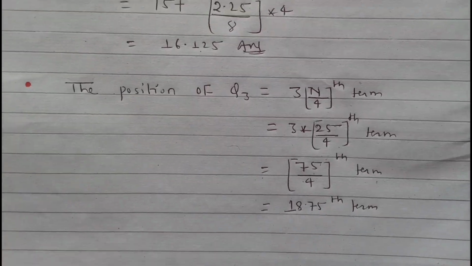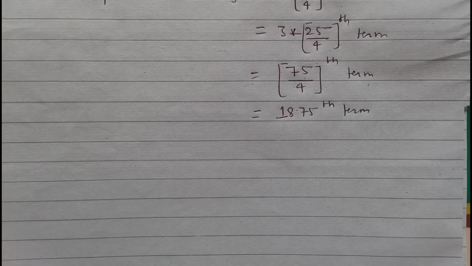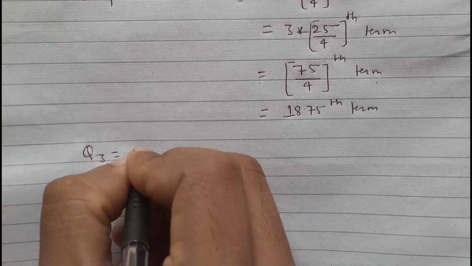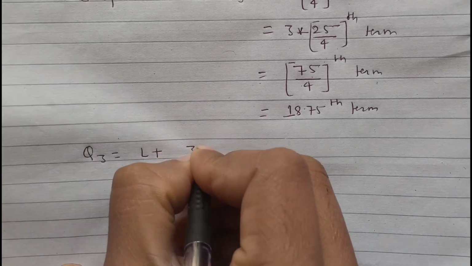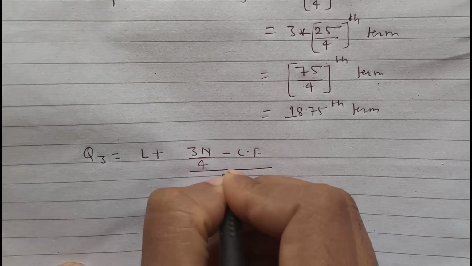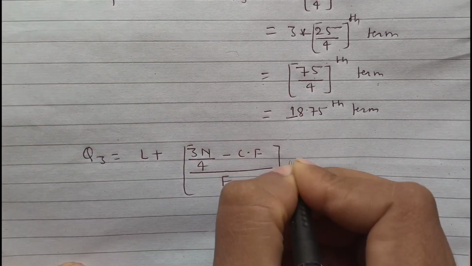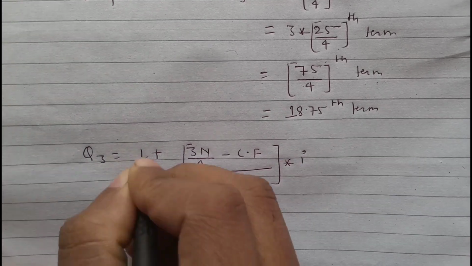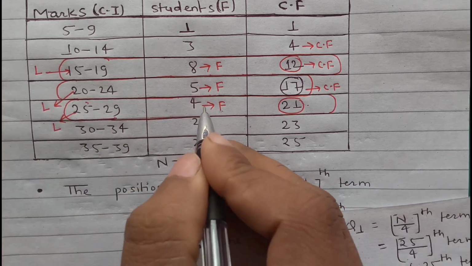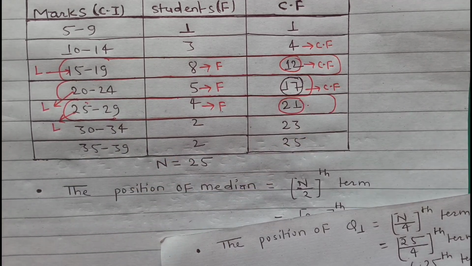So let's solve Q3. Now I'm going to write the formula here. So Q3 is equal to L plus (3n by 4 minus CF) by F into I. So the value of L is 25, F is 4, CF is 17.